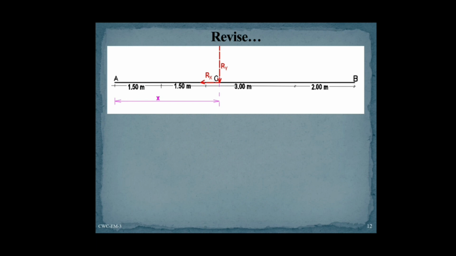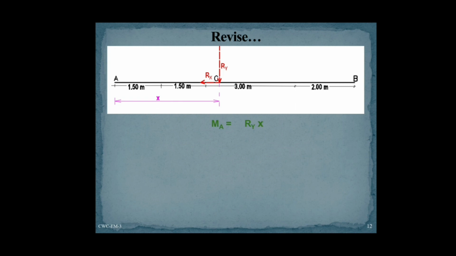In order to find the point on the line of action, first replace the resultant with its rectangular components Rx and Ry and find the moment about any point on the beam. Here we have selected the point A, so MA will be equal to Ry into x, where x is the moment arm.